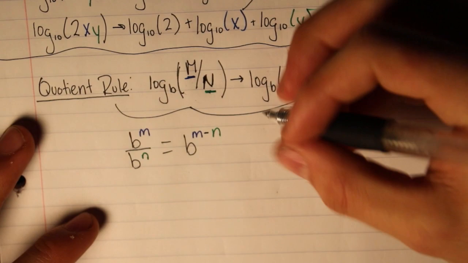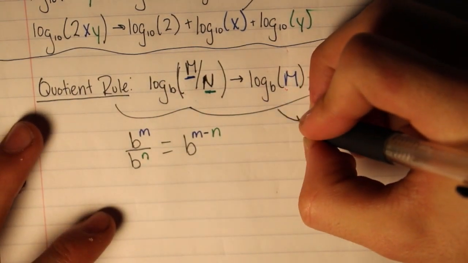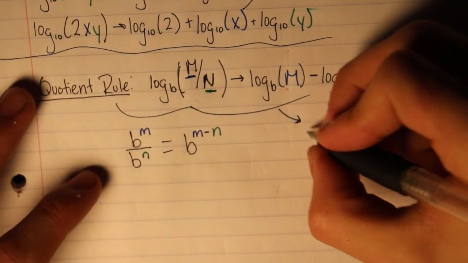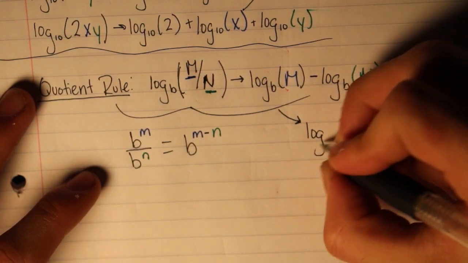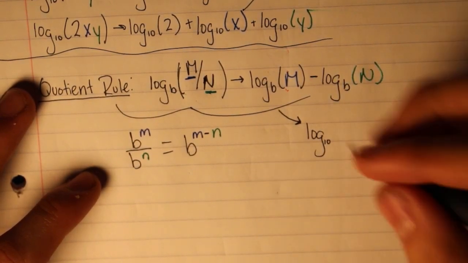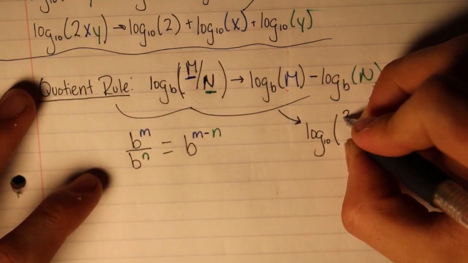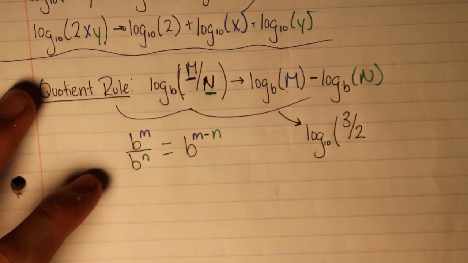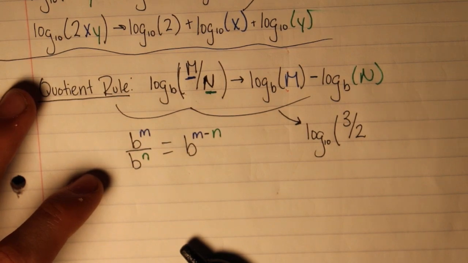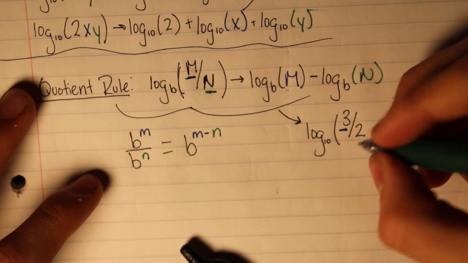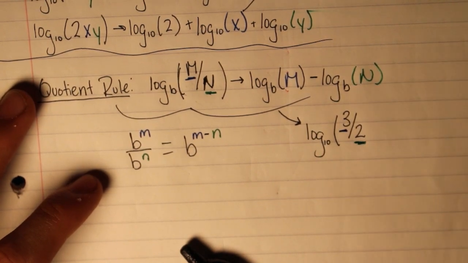And if we want to look at it with numbers, we can do this. Log base 10, we'll do again, the common log. We can do 3 divided by 2. All right? 3 is the numerator. It's in blue. 2 is the denominator. That's in green.